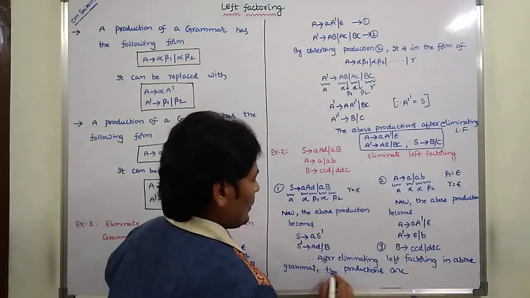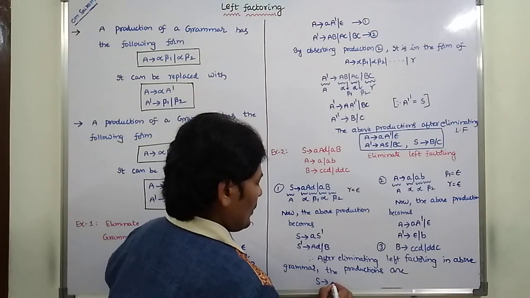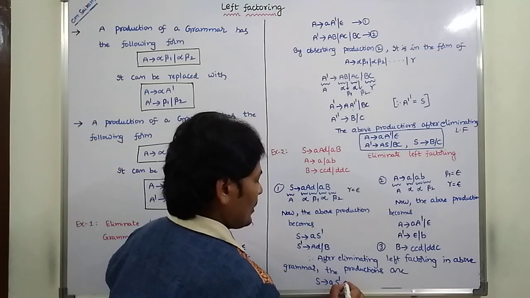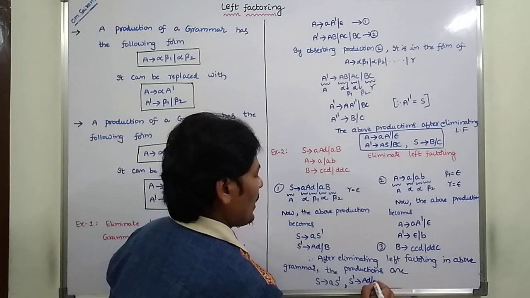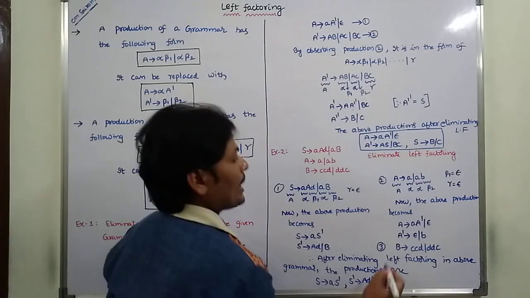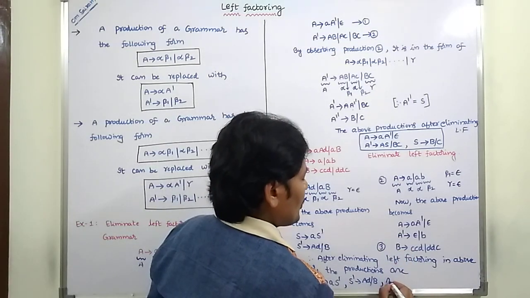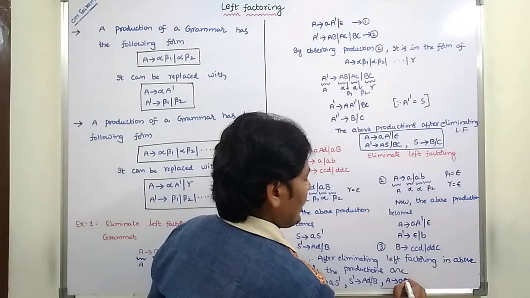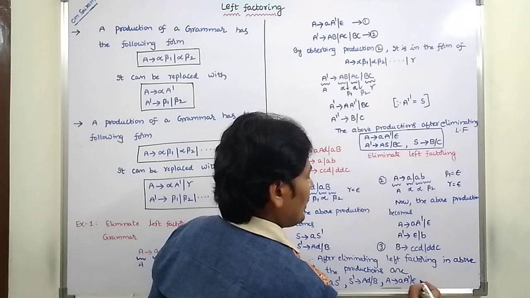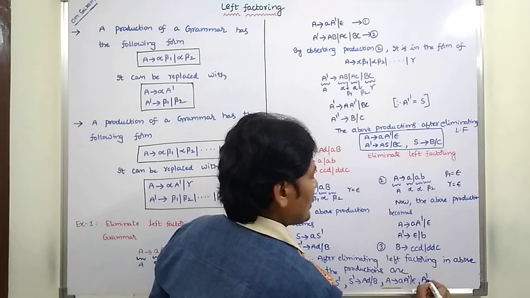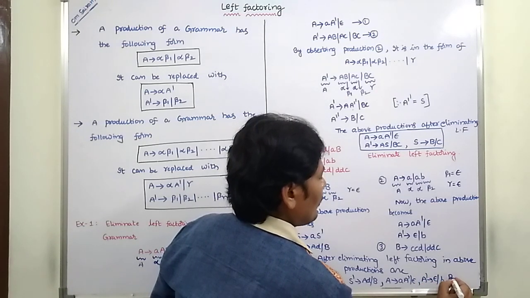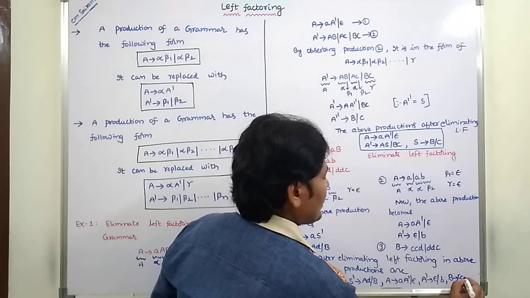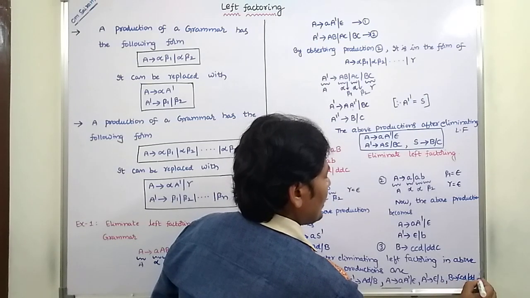First one is S tends to small a S dash, comma, S dash tends to capital A small d by capital B. Next one, A tends to A dash by epsilon. Next, A dash tends to epsilon by B. Next, B tends to CCD by DDC.